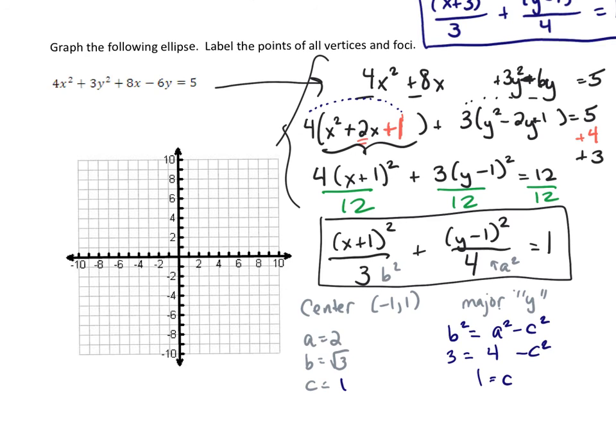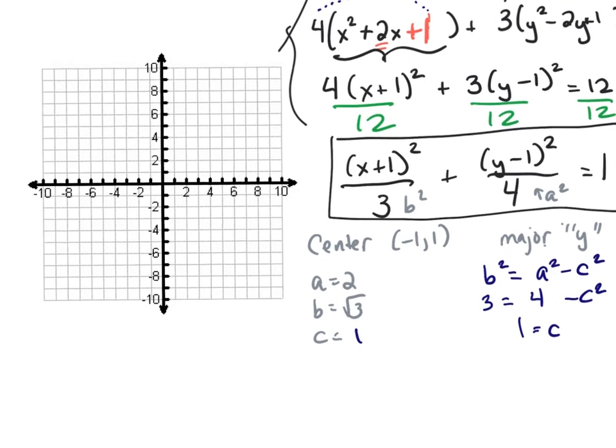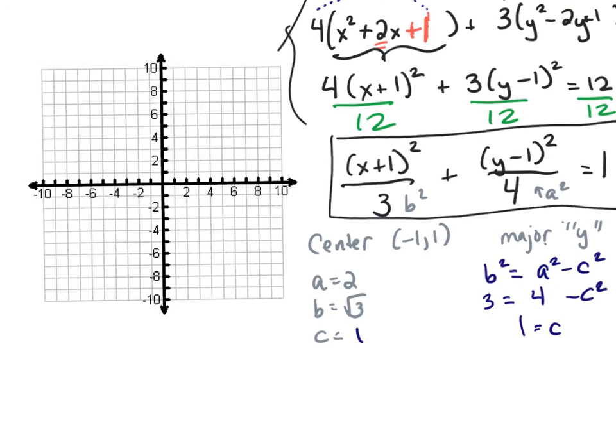So based on this, I should be able to find all my points. I'm going to first start with my center. My center is at negative 1, 1. And I'm going to go up and down for my vertices. So up 2 this way, down 2 this way. So I'm going to have a vertex at negative 1, 3, and a vertex at negative 1, negative 1.